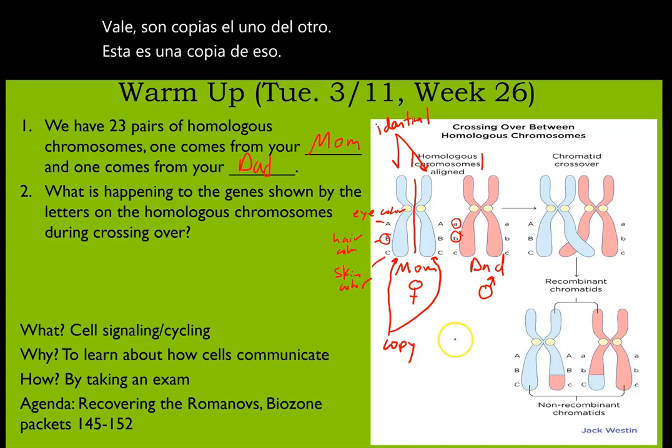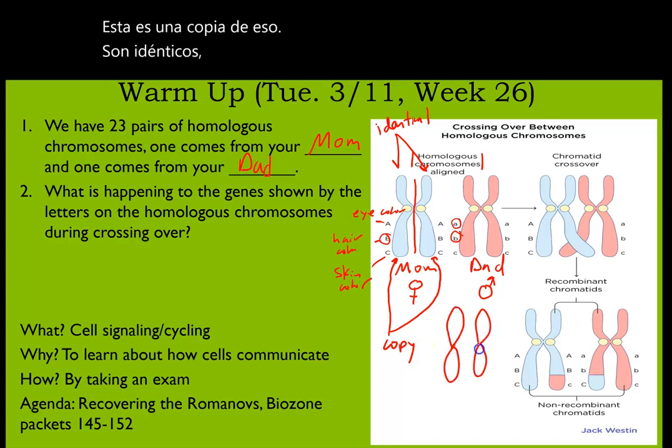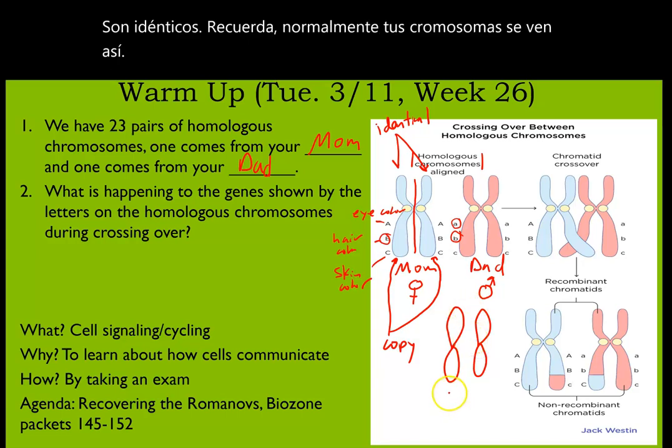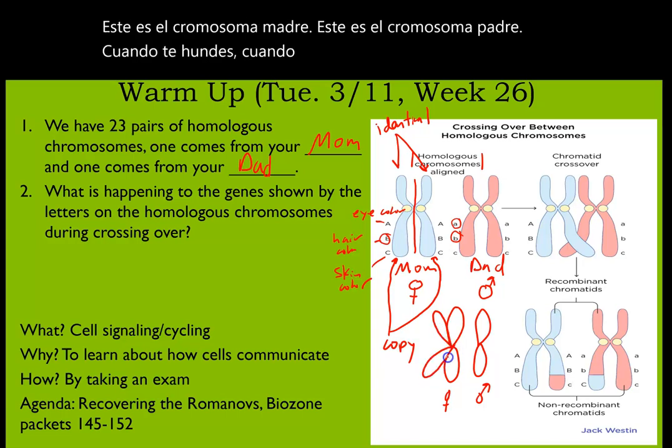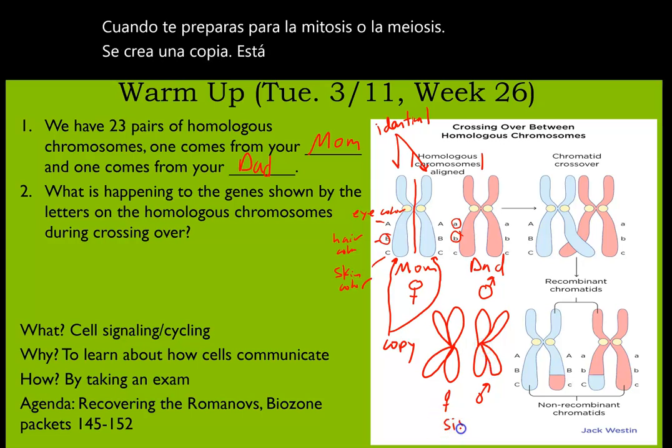Remember, normally your chromosomes kind of look like this. That's normal, uncopied. This is the mom chromosome. This is the dad chromosome. When you get ready for mitosis or meiosis, a copy is created. It's called sister chromatids.